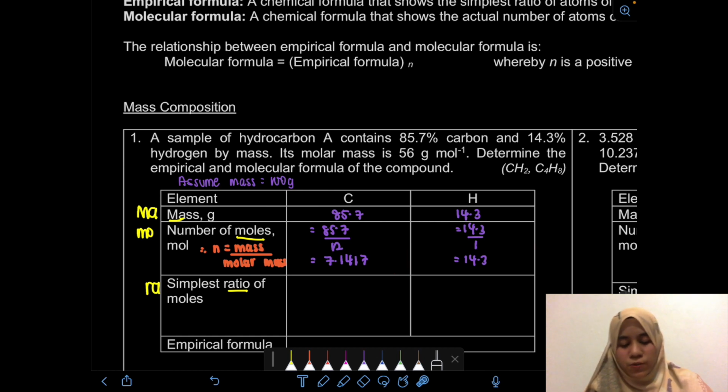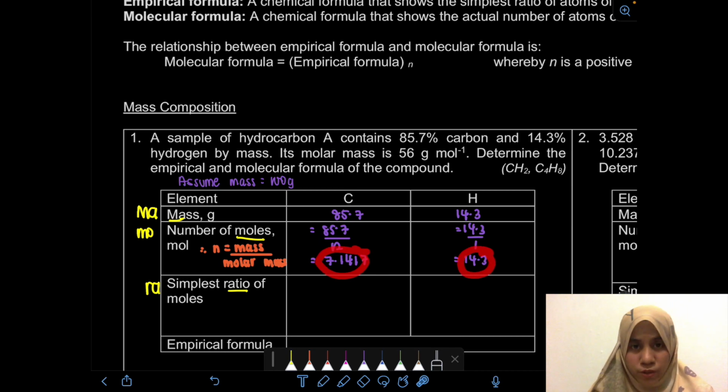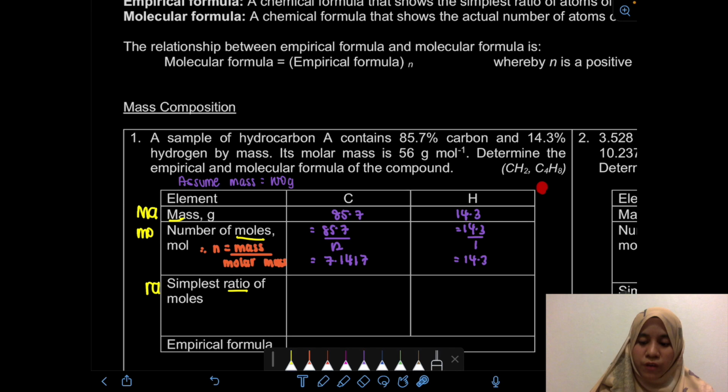Okay, last one is the simplest ratio of formula. Based on these two values, we look at which one is the smallest. We divide by the smallest number between these two. For example, if you have 3 boxes, look at which of the 3 has the smallest value.